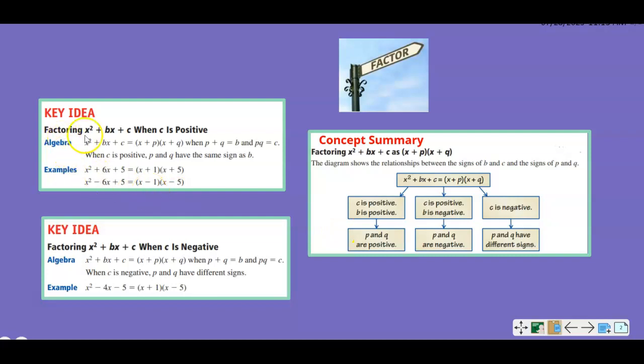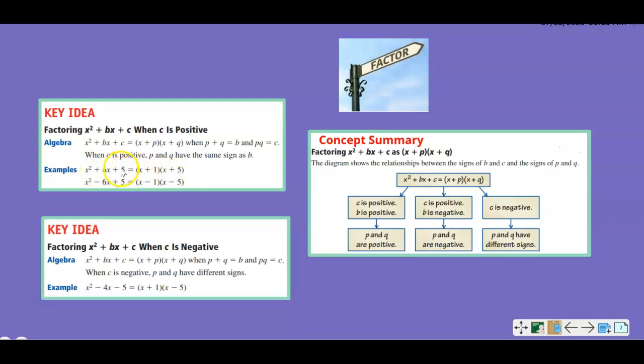All right, so factoring x squared plus bx plus c when c is positive. When your constant term is positive, you're going to have x plus p times x plus q. Here's an example: x squared plus 6x plus 5. So x plus 1 times x plus 5.